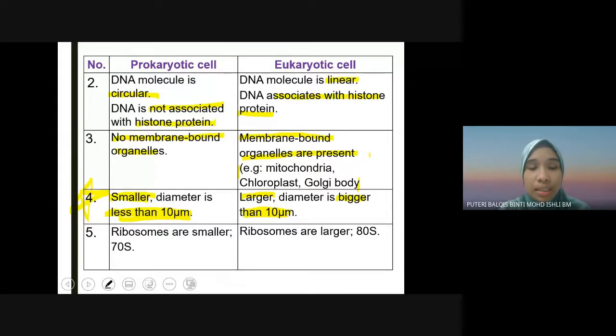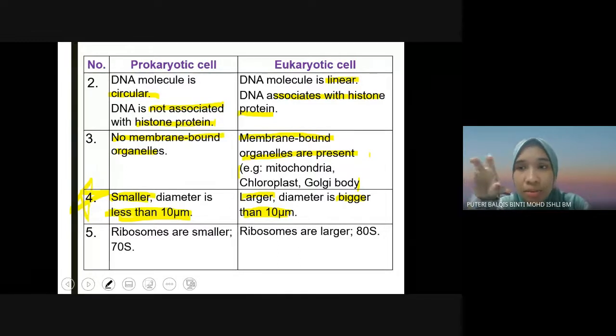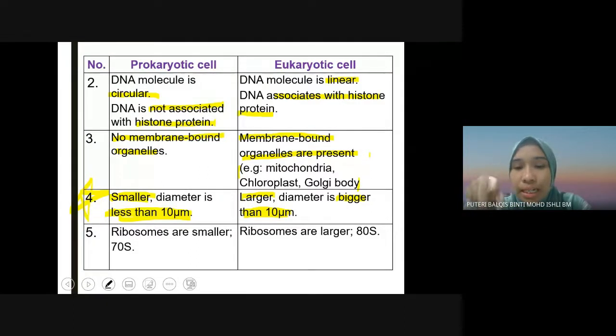Soalan dia tanya differences between prokaryotic and eukaryotic cell. Kalau awak cakap smaller, larger, salah. Ada satu tahun tu, dia kena bagi spesifik berapa saiz dia. Dia tak terima less than 10 micrometer, bigger than 10 micrometer.